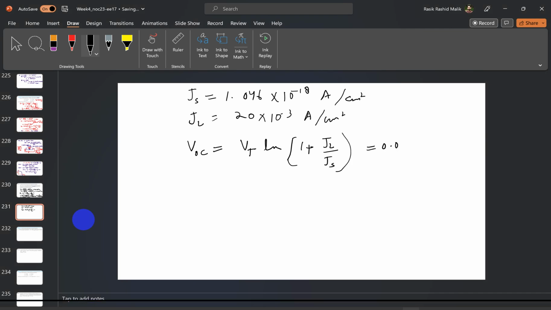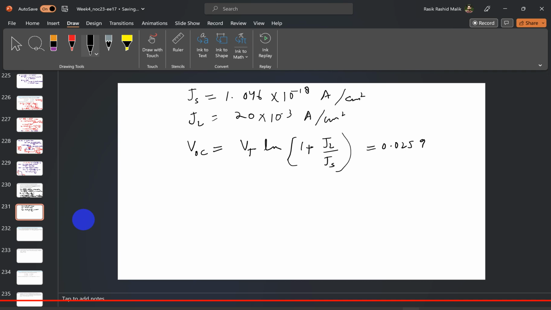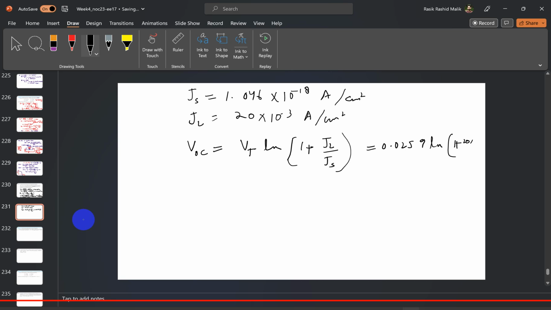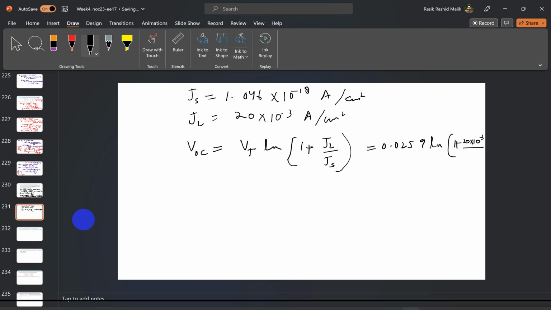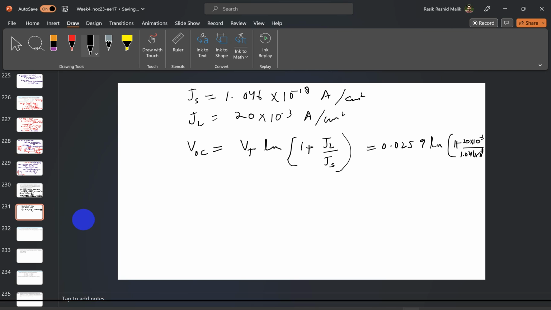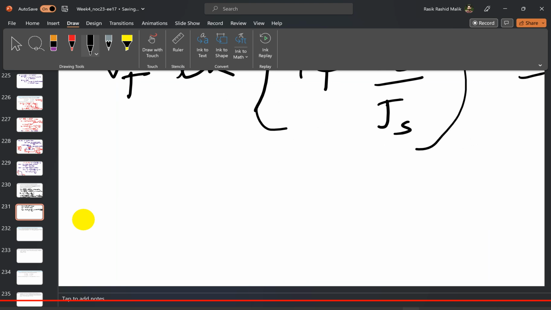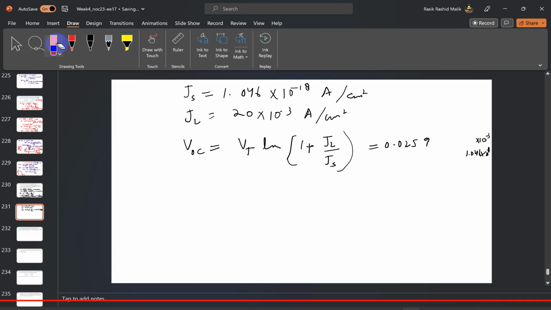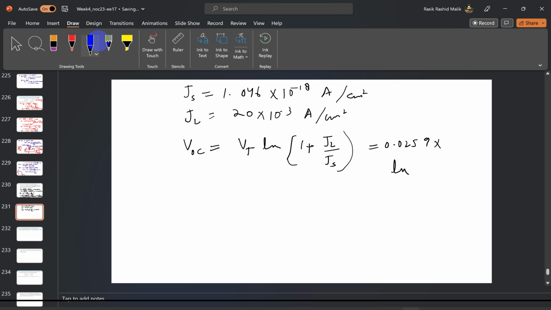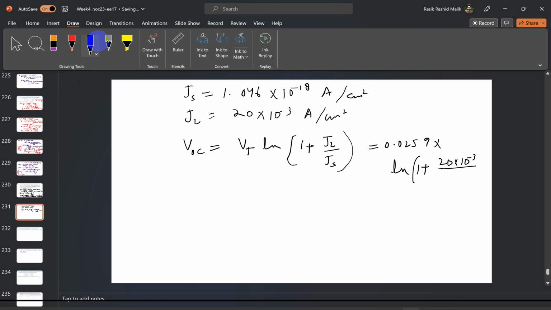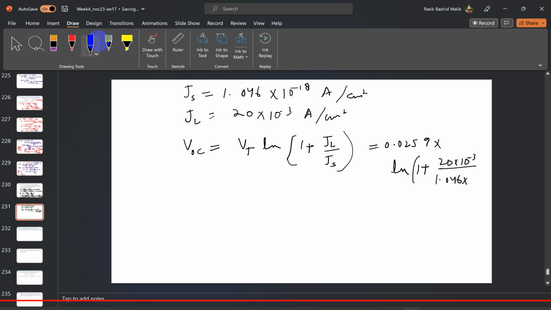So that is 0.0259 ln of 1 plus 20 into 10 power minus 3 divided by 1.046 into 10 power minus 18.